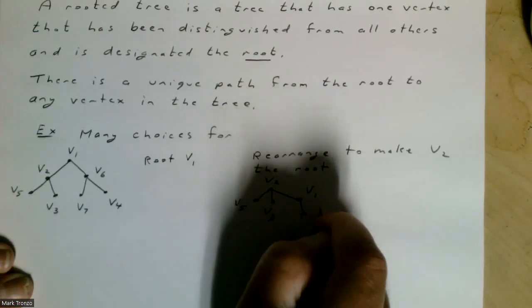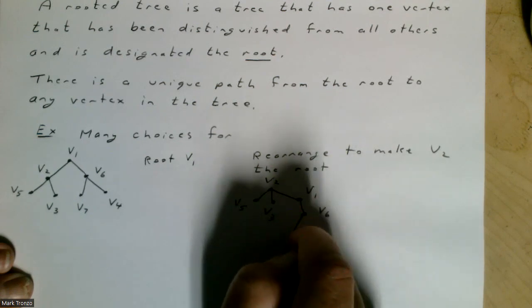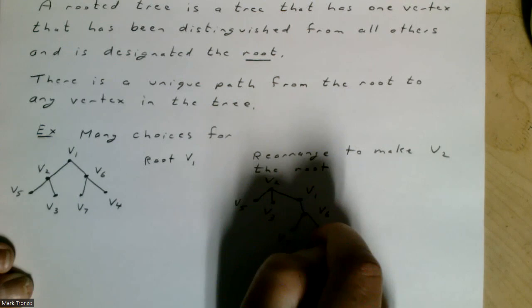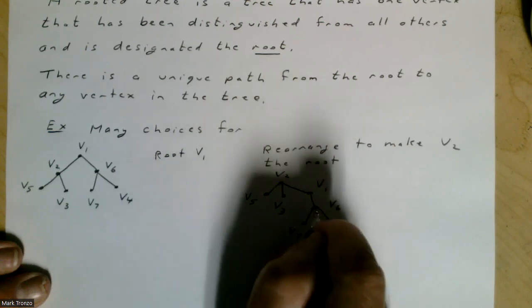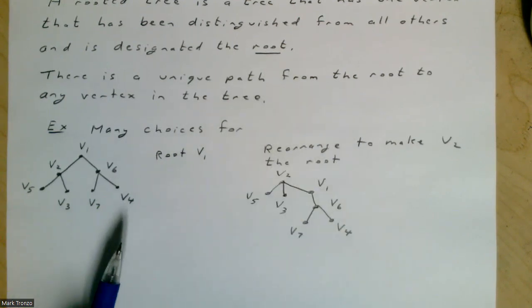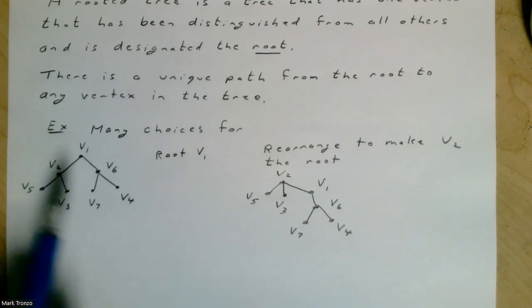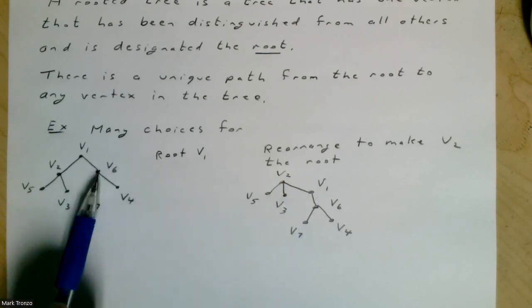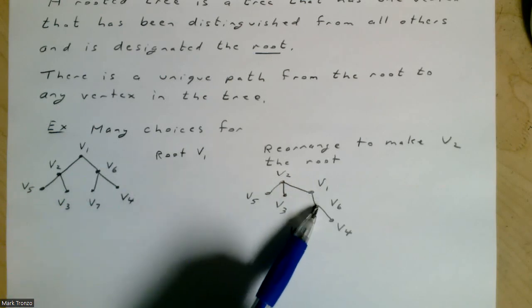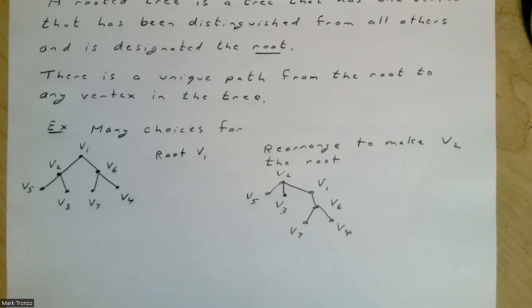Then V6 will be here, V7 will be here, and V4 will be here. Notice the graphs are isomorphic. They're really the same graph. I've just rearranged things a bit. See, V2 still has these right below it. And V1, I've just pushed down here. It still has V6 below it, and then V7 and V4 here. So you can pick almost any vertex and designate it as the root.